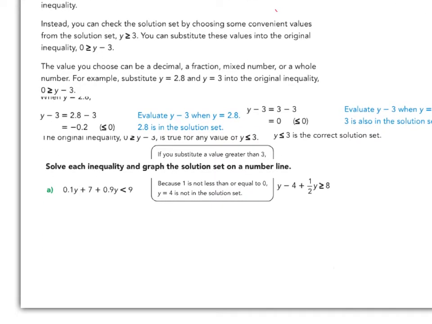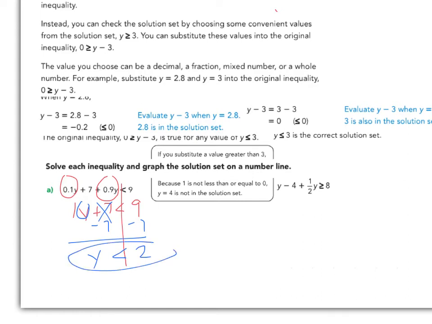All right, so now we're down here, and it says solve each inequality and graph the solution on the number line. I'm going to solve this one with you, and then I'll have you do the other one. So we have some like terms here. We have 1/10 y and 9/10 y, so that's 1y plus 7 is less than 9. Basic two-step equation. So I'm going to subtract 7 from both sides, and I'm going to get y is less than 9 minus 7 is 2.